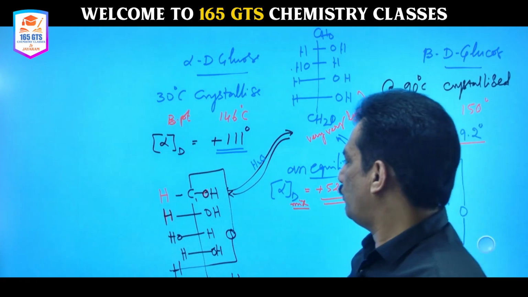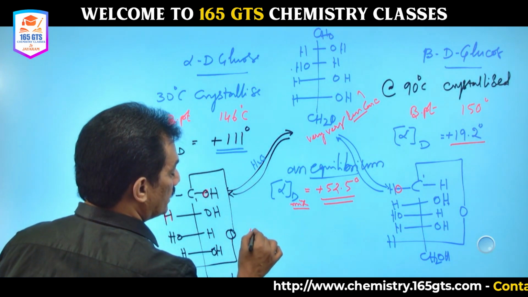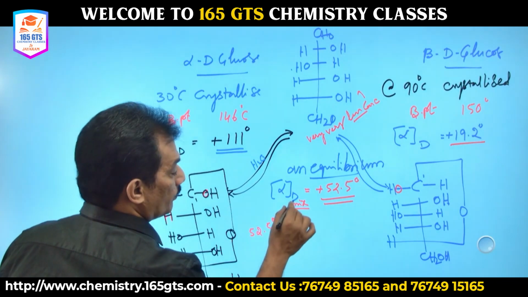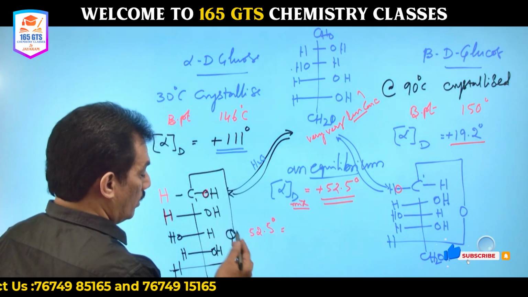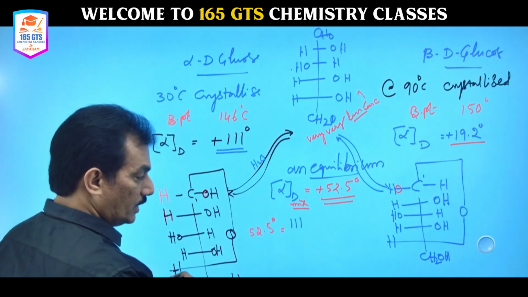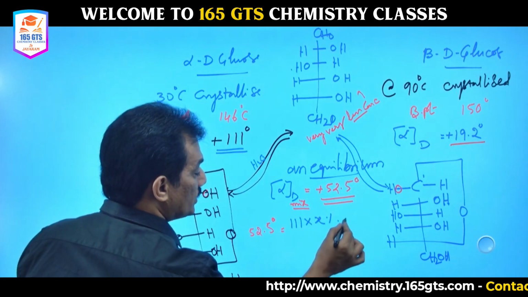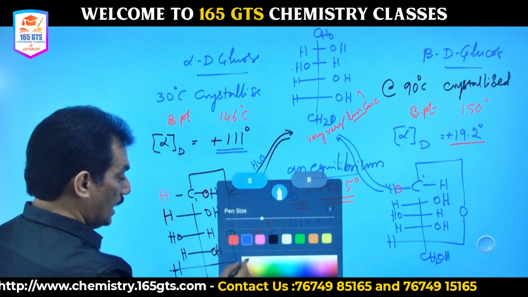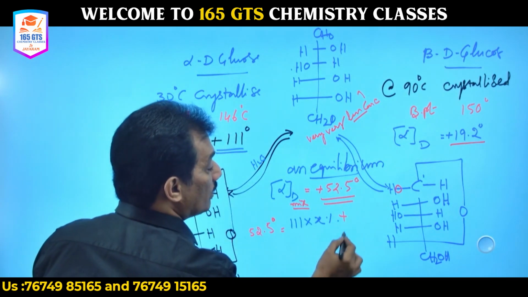How? Let me give the formula. Here, the alpha D mix, that is 52.5 degrees, is equal to, we know the alpha form is 111 degrees into X percent. Just imagine that the alpha form is X in percentage, and then plus the beta form.